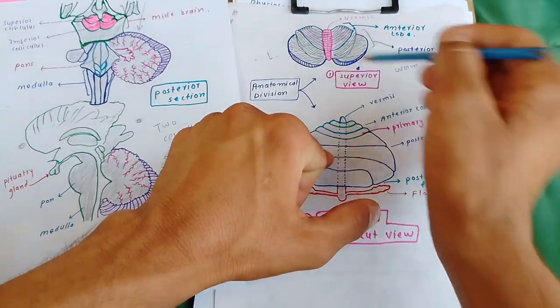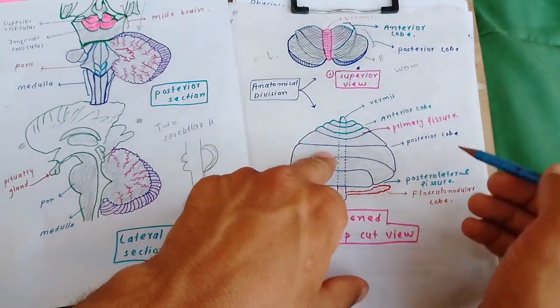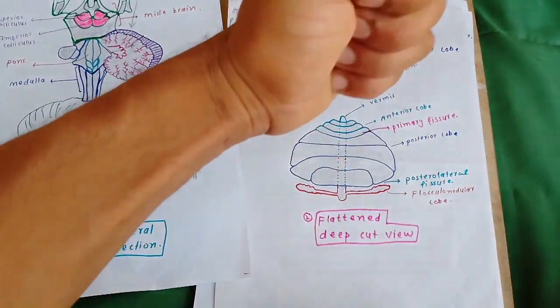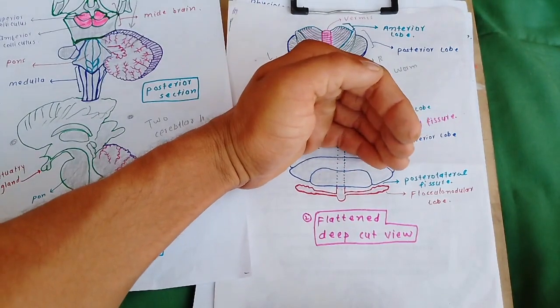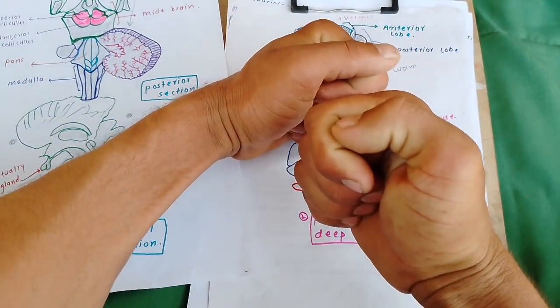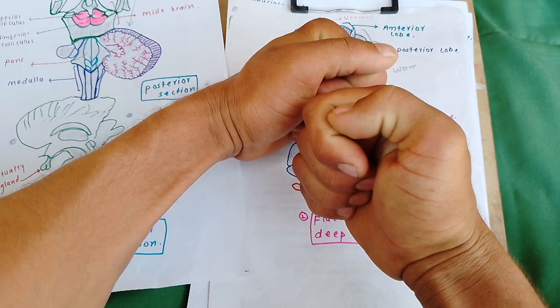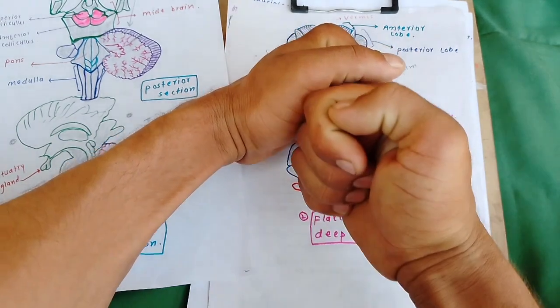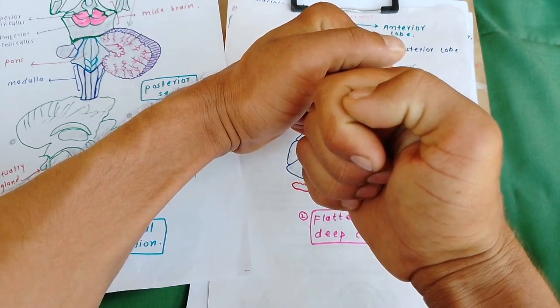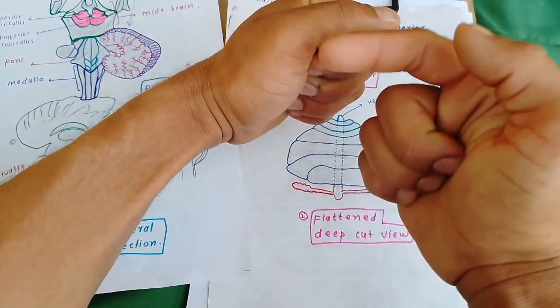These two lobes are combined together by the primary fissure. Suppose this is the anterior view. This is the anterior lobe. This is the posterior lobe. So the posterior lobe is more prominent toward the posterior side. This is like a posterior view, just a little bit above. So this is the primary fissure.